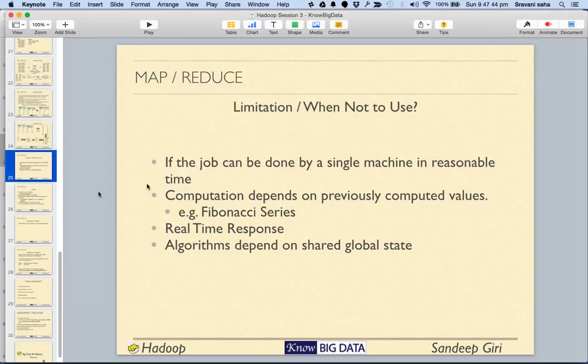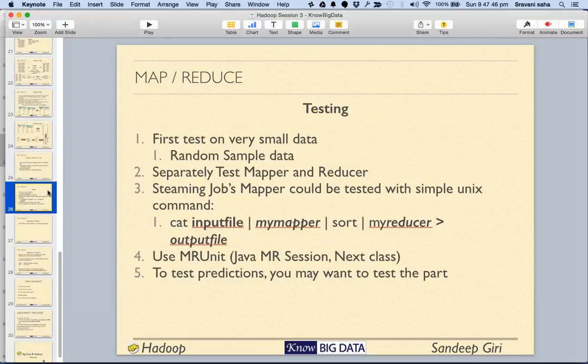Now, this is clear, right? Also, as a rule of thumb on testing, anywhere you start coding or developing anything, you should build in a way to test.